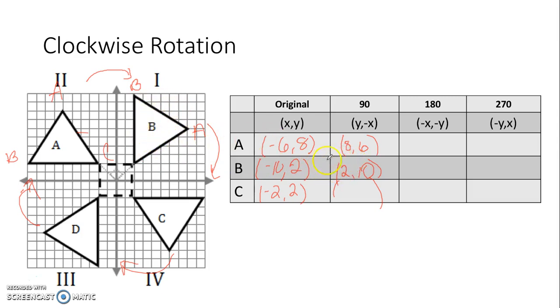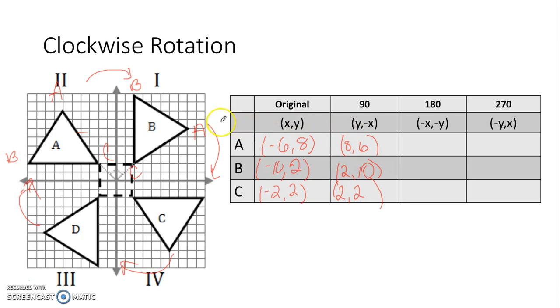Another way you can think about it is you flip the x and the y, but the x is opposite of the original point. Point C is going to be 2, 2. They're flipped, but in this case it's the same, and they're both positive because it's in quadrant 1. Or maybe you like to think about it as the x being the opposite of the original x.